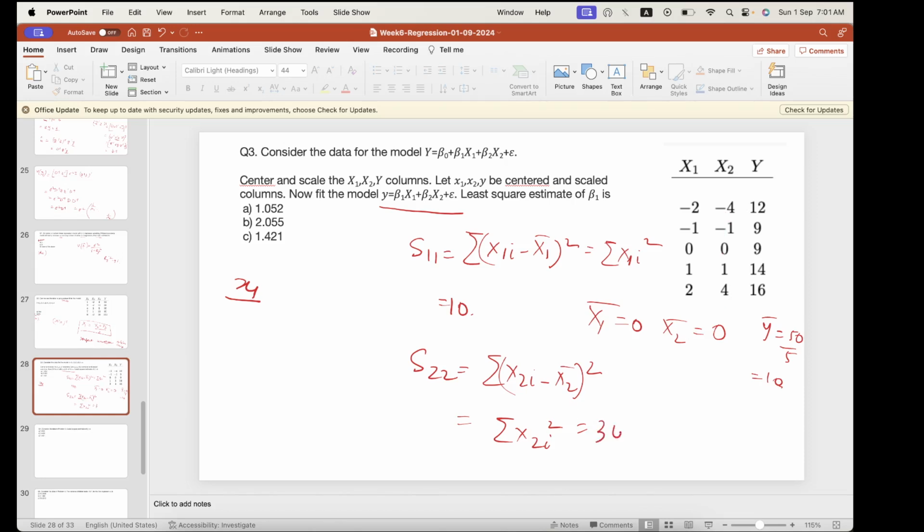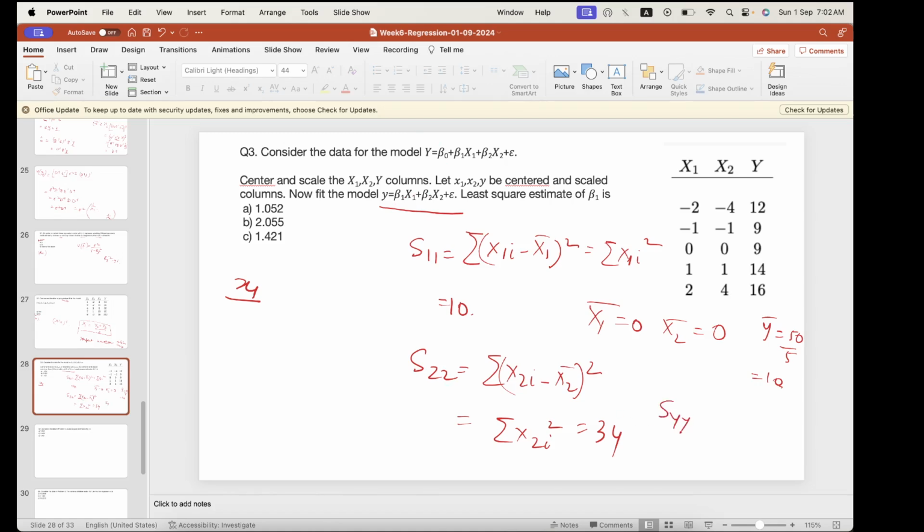So that will be 34. Okay, and this thing, so S11 is this, S22 is this.